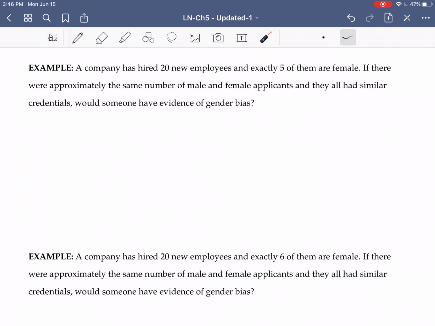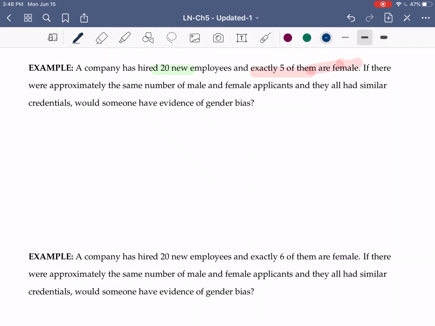So here, our first example is a company has hired 20 new employees. Exactly 5 are female. If there were approximately the same number of male and female applicants, and they all had similar credentials, would someone have evidence of gender bias?